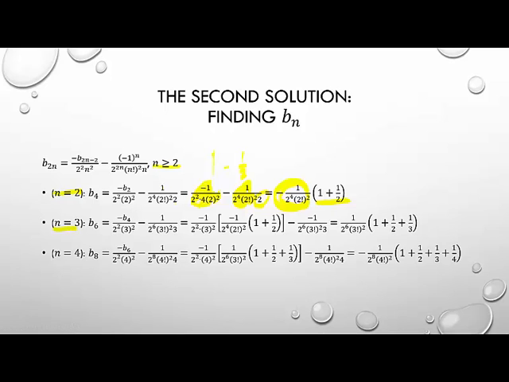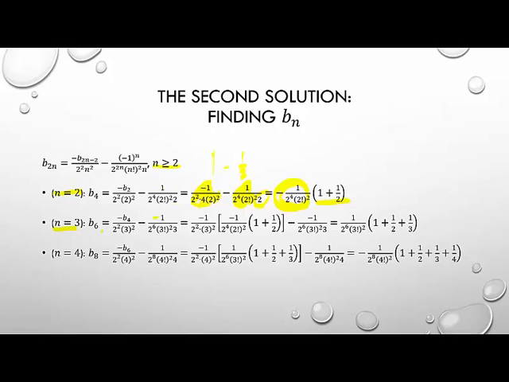When n is equal to 3, we have b sub 6 is equal to negative b sub 4 over 2 squared times 3 squared, minus, this is negative 1 to the third power, so it should be negative, 2 to the sixth power times 3 factorial squared times 3.